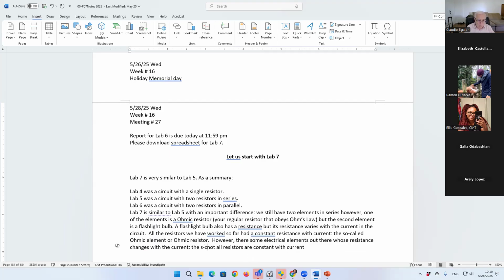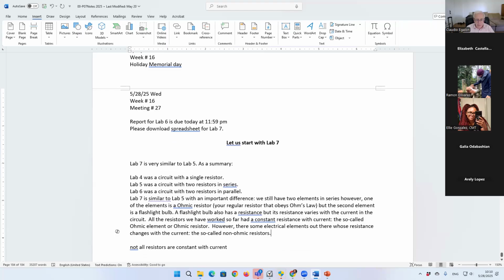The so-called non-ohmic resistors. The flashlight bulb is one of them.